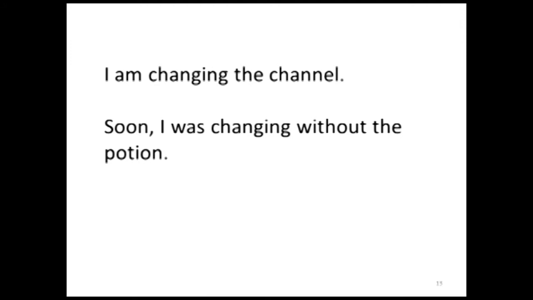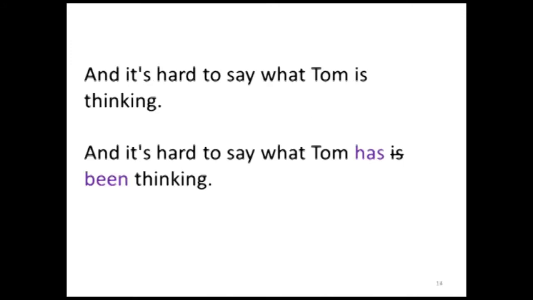All you do is put the be into the past tense. So you get I was changing, you were changing, they were changing. So aspect interacts with the primary tense. Does it interact with the secondary tense? Yes, you can have progressive and perfect at the same time. Take the clause, what Tom is thinking, inside the sentence. It's hard to say what Tom is thinking.